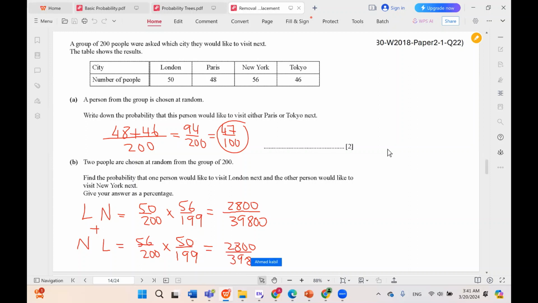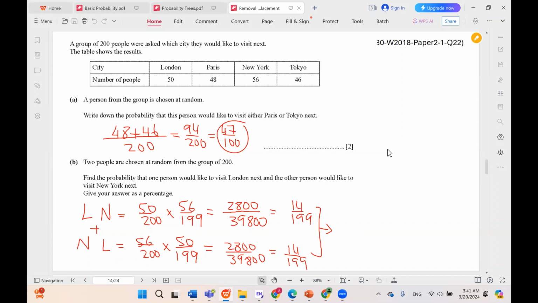And we still need to add them up, but first let's simplify them. So the simplest form for this fraction is 14 over 199, and then we add them up together. And we get 28 over 199.